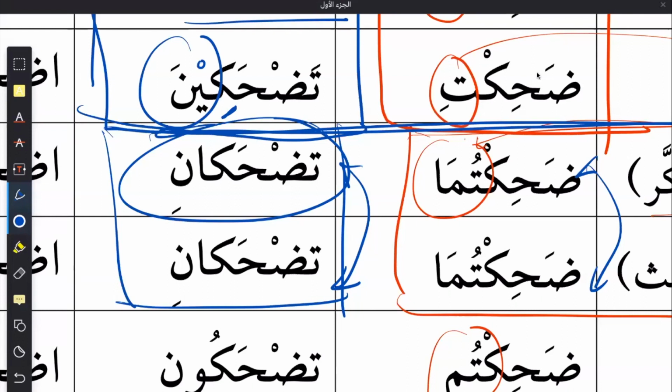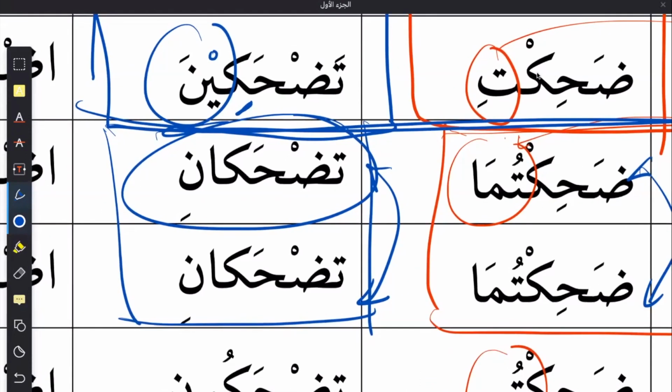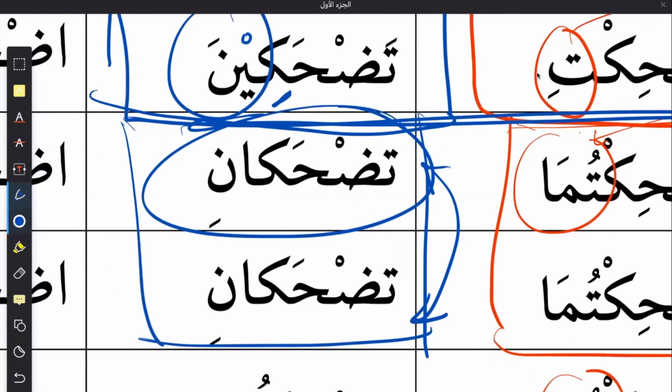Where did we see this conjugation? Because this is very similar to something, not the verb. It's very similar to what? Nouns. How do we say two boys, two pens, two books? That's exactly the same.